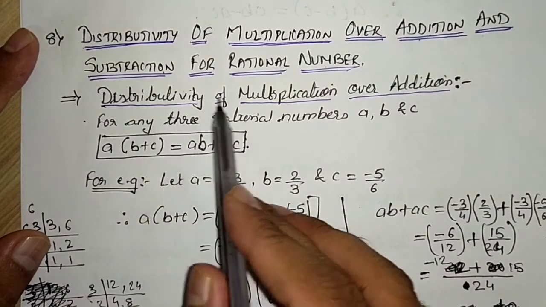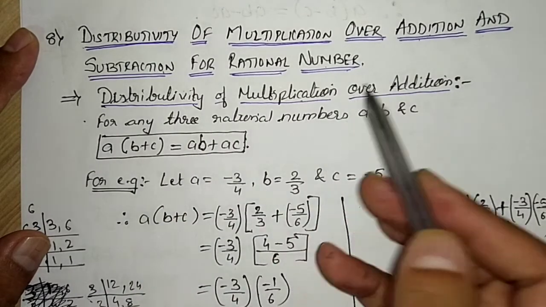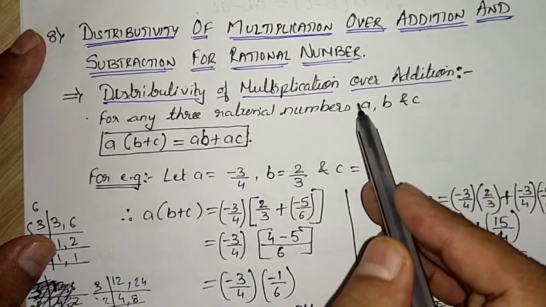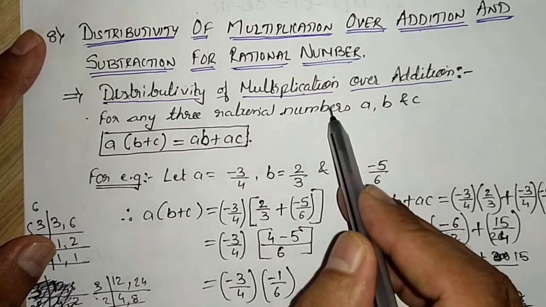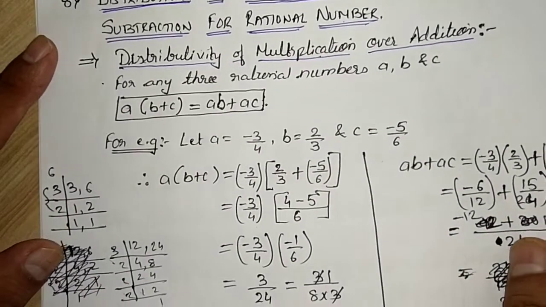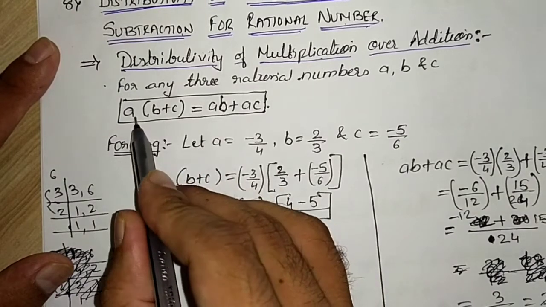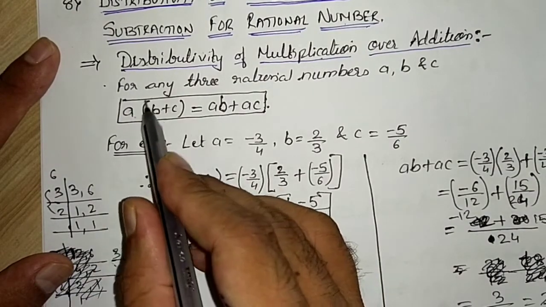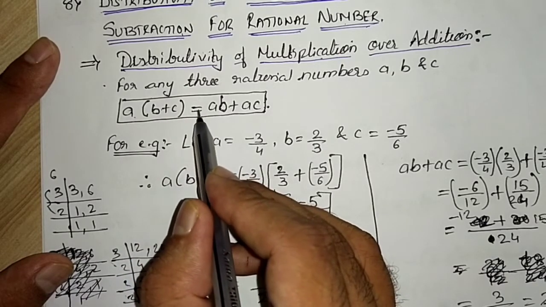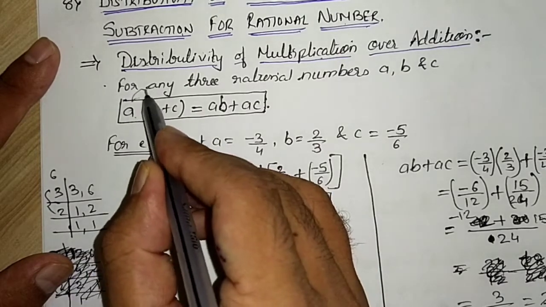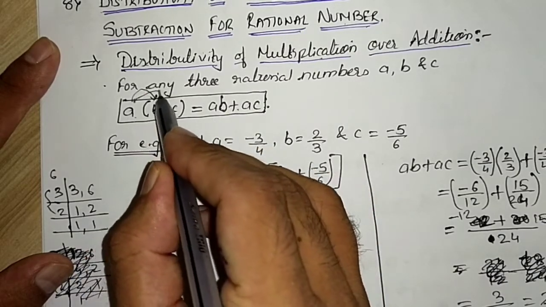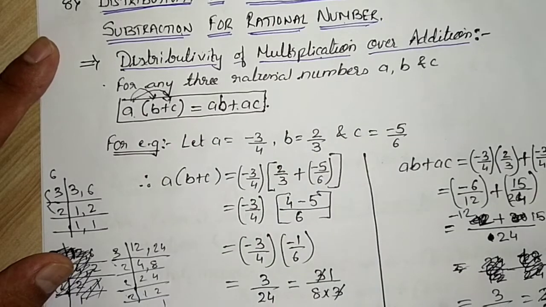First we will take distributivity of multiplication over addition. Students, if any three rational numbers a, b and c are given, then a multiplied by the bracket b plus c is always equal to a into b added to a into c.